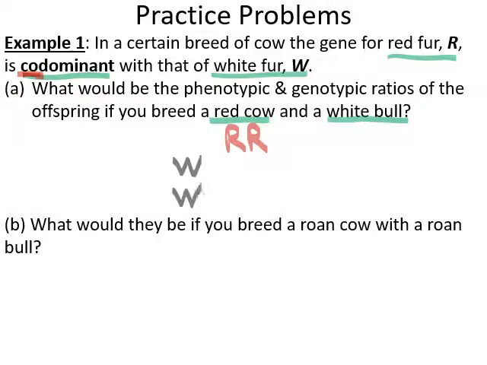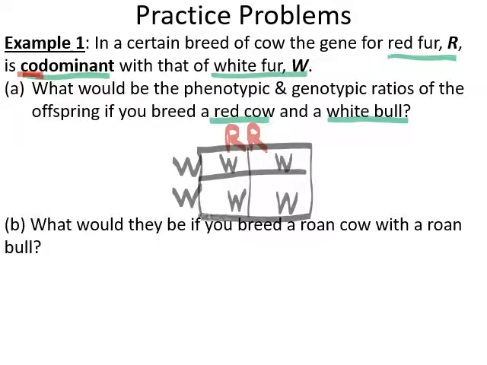The white fur cow would have the two alleles for white fur, and so I can set up a Punnett square here and we say, okay, this would pass on one of the white fur alleles, this would pass on a white fur allele, that would pass on a white fur allele, and that would pass on a white fur allele. Let's make this into a bit more of a square. The mother would pass on the red fur allele to each of these possible offsprings as well.